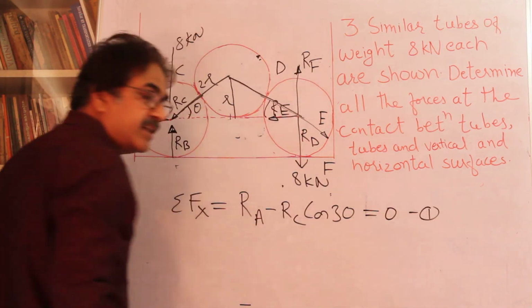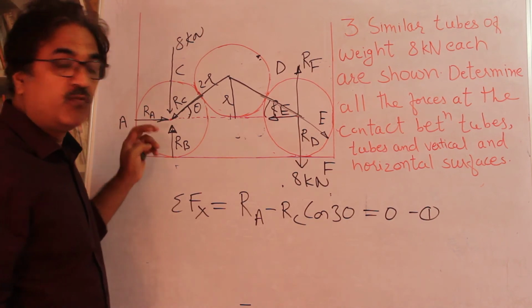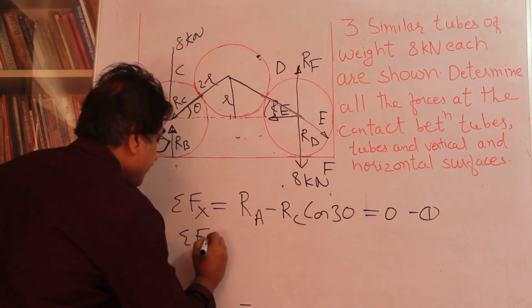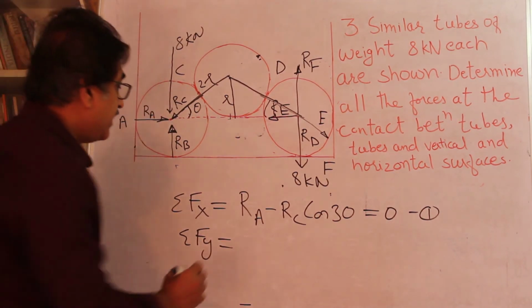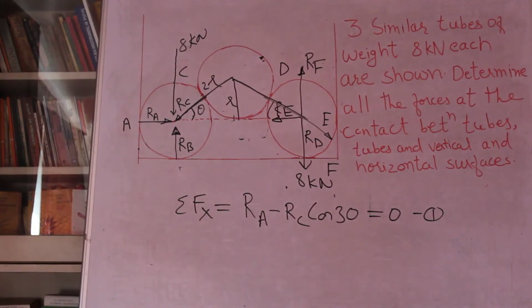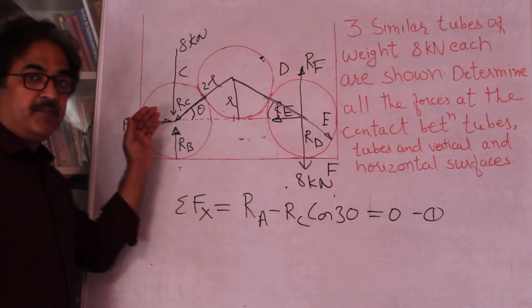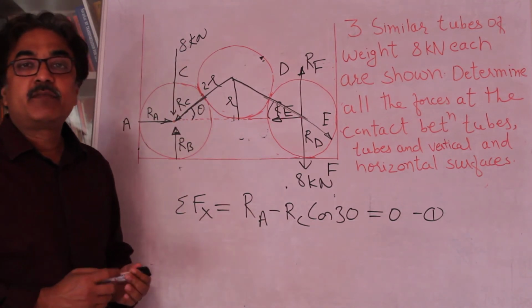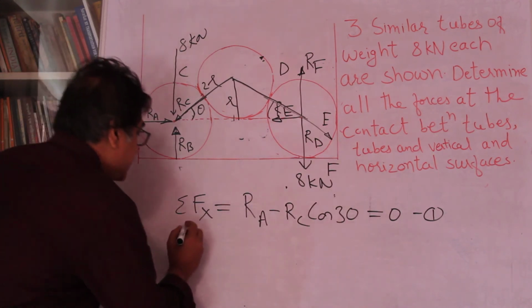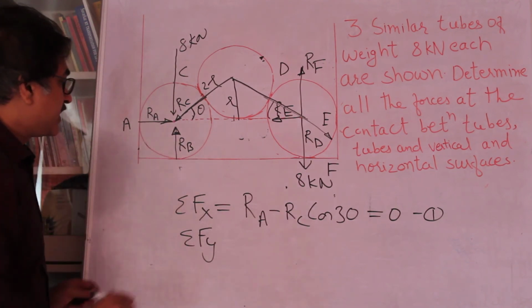This is first equation. Then let's consider, we are considering circle, the tube 1. So sigma Fy. What is sigma Fy? This is 8 kilonewtons downward, so it is minus. So let us resolve the force in vertical direction. That means for this tube, we'll also say sigma Fy is 0, right? I'm considering the forces on these tubes. So sigma Fy.